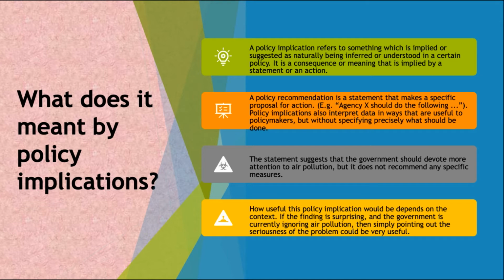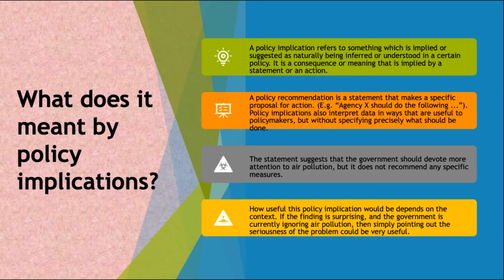When you write a policy implication, we always use should: agency should, government should, policymakers should. A policy implication also interprets data in ways that are useful to policymakers, but without specifying precisely what should be done. Remember, your policy implication should be developed and derived from your findings. They should be 100% derived from your findings.